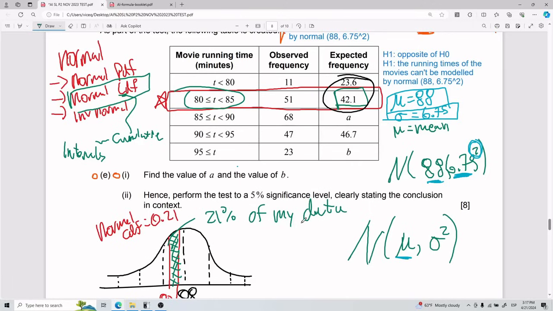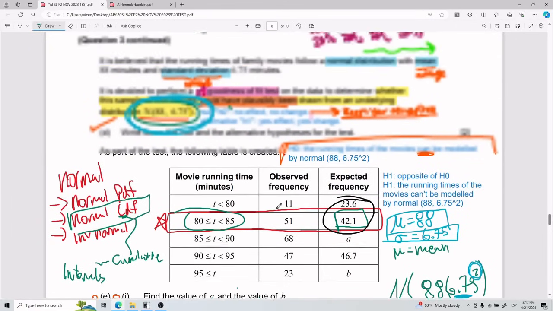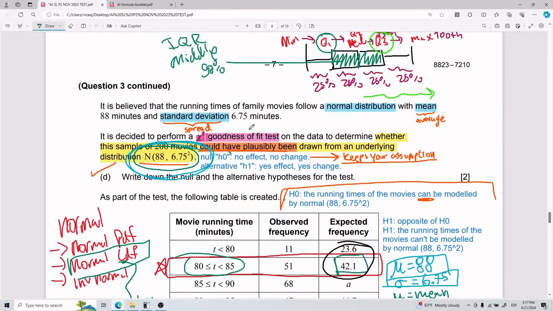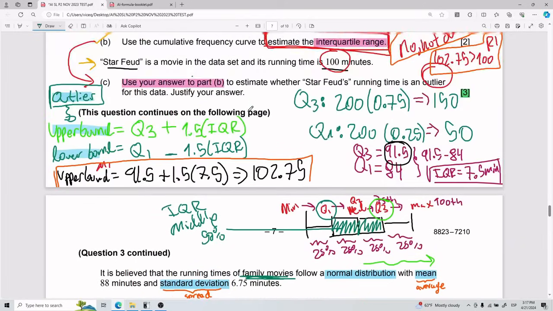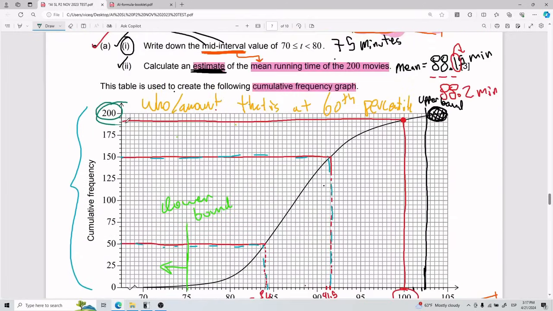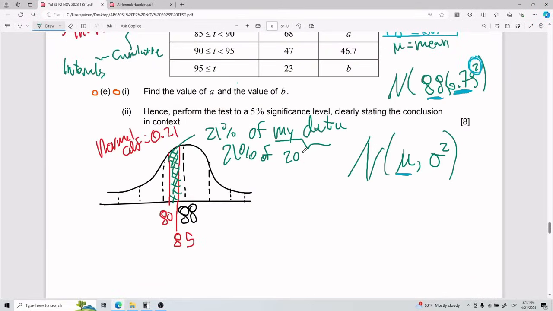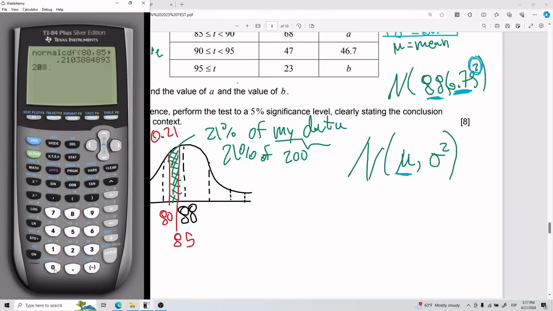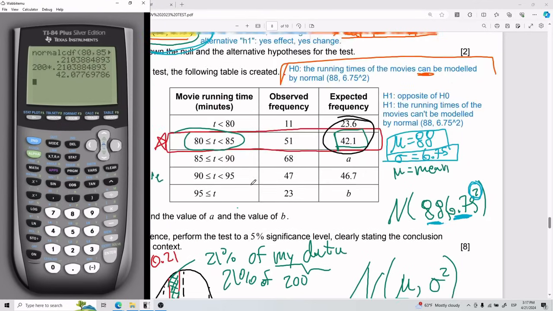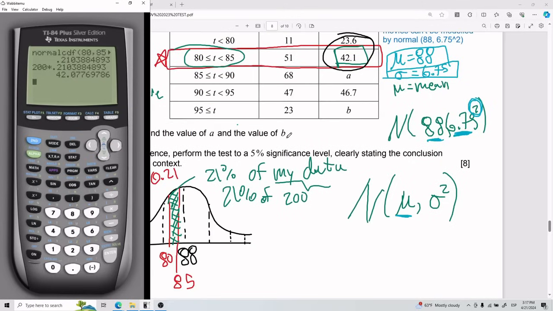Now, 21% of my data, what is my data? My data is the number of family movies, and as we saw way earlier, that is 200. So 21% of 200, 200 times this amount, there you go, 42.07.